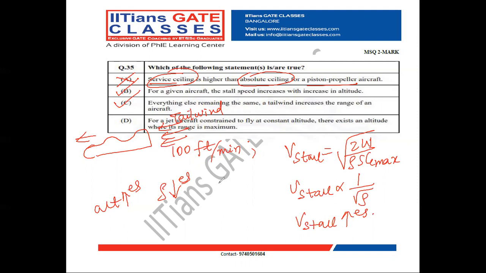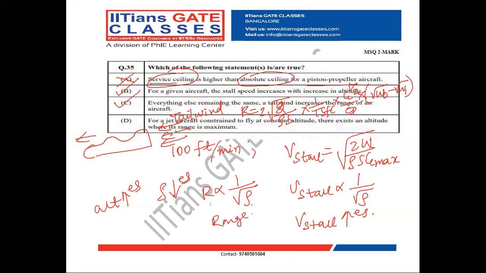Okay, the Breguet range equation for a jet engine aircraft is given as 2 into root of 2 by rho S into 1 by thrust specific fuel consumption into CL power 1/2 by CD into root of W0 minus root of W1. So here range is inversely proportional to the square root of rho. So as altitude increases, density decreases, thereby range increases.